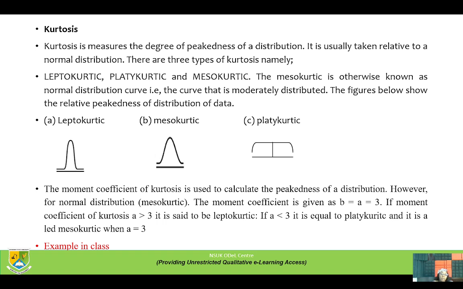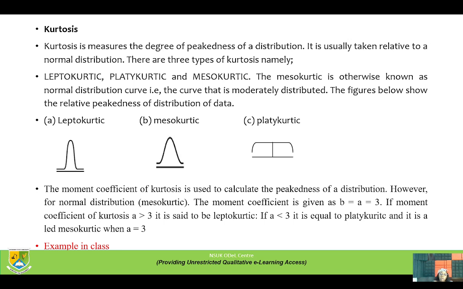The moment coefficient of kurtosis is used to calculate the peakedness of a distribution. For a normal distribution, that is the mesokurtic, the moment coefficient is given as a equal to 3.